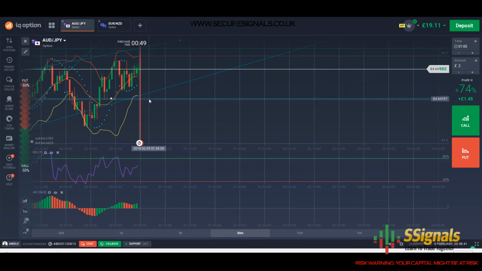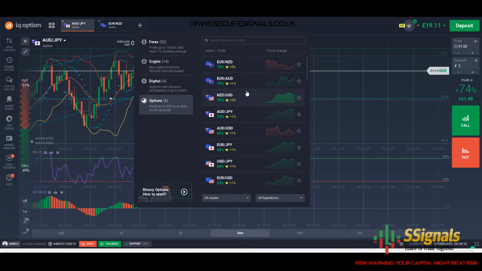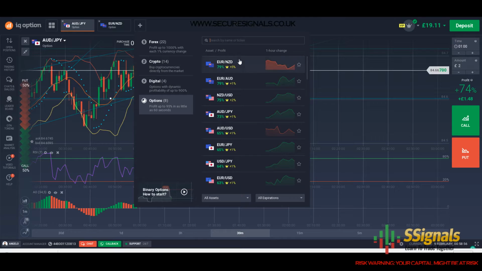Still looking for other pairs to trade, but as you can see, there aren't actually many pairs that are above 60%, 65% here. So there's no real point of trading them, because you might as well just call it a day and then trade it when it's at like 98% around 1 o'clock, 2 o'clock in the afternoon.